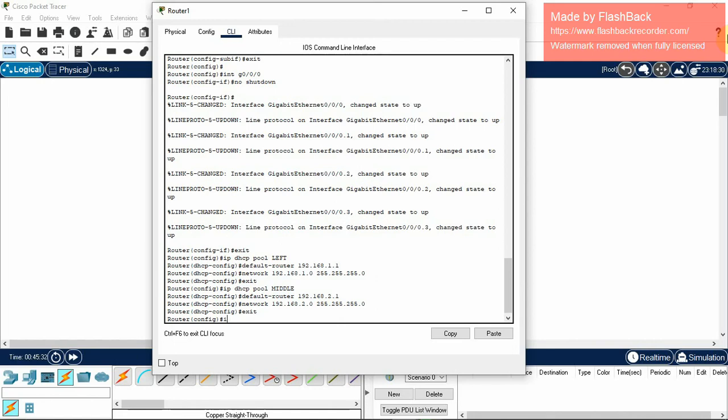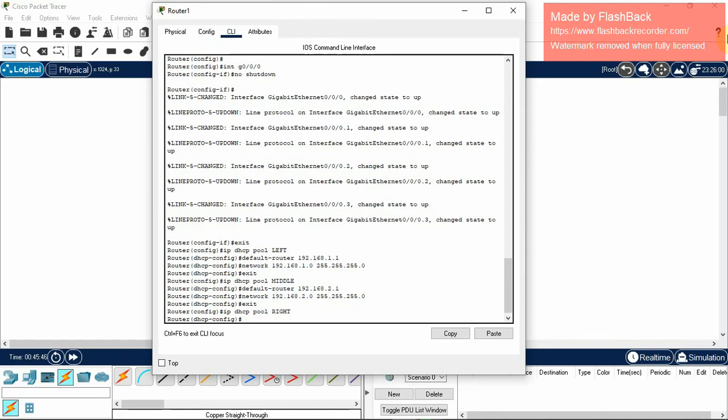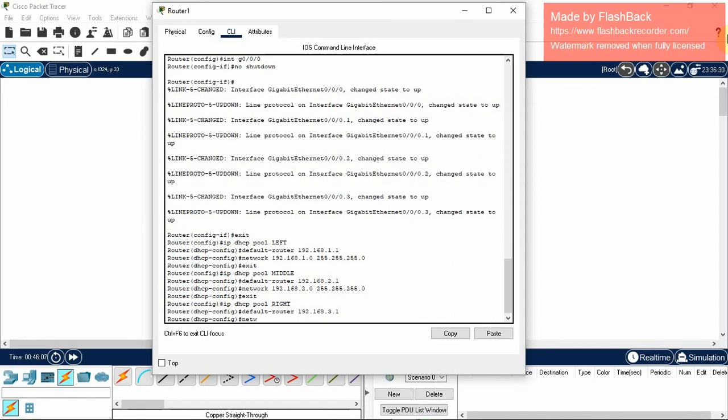So ip dhcp pool white, and then now we issue the default router 192.168.3.1, and the network that is represented by this VLAN is 192.168.3.0, and its subnet mask is this.